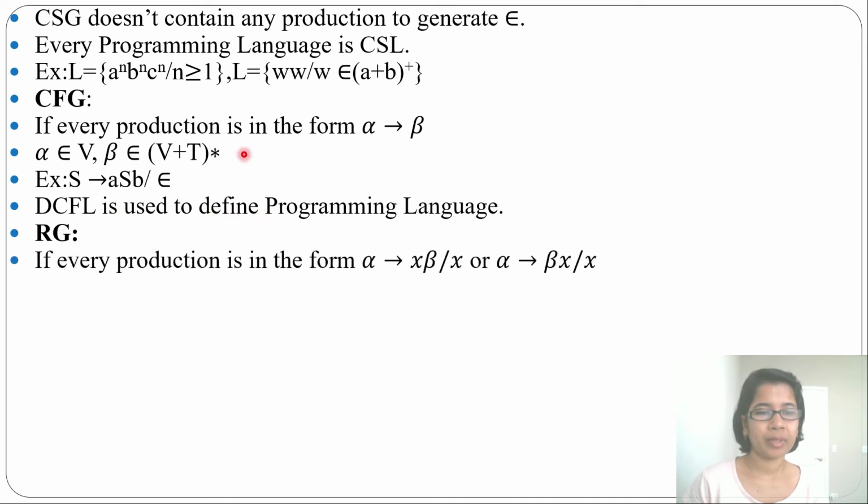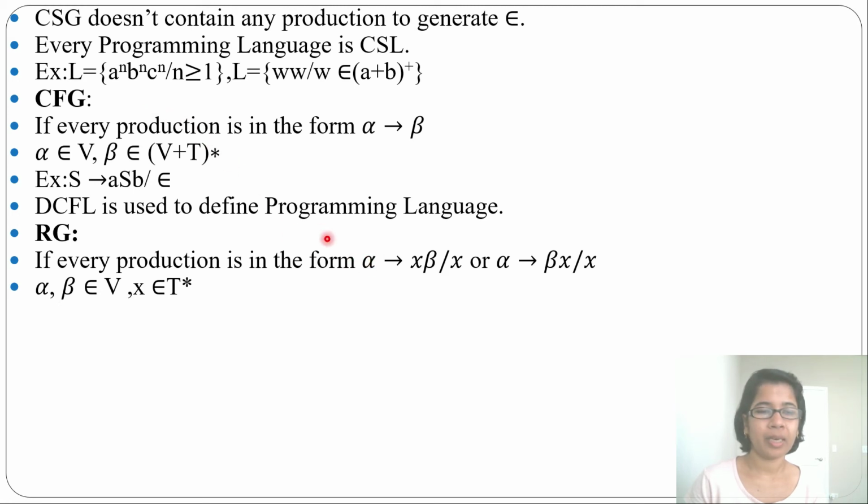Next, regular grammar. If every production is in the form of alpha tends to x beta or x, or alpha tends to beta x or x, then it is a regular grammar. Here alpha and beta belong to variable and x belongs to terminal Kleene closure. It can be epsilon, it can be any combination of terminals. And on the left side there will always be a variable. A terminal is not allowed.